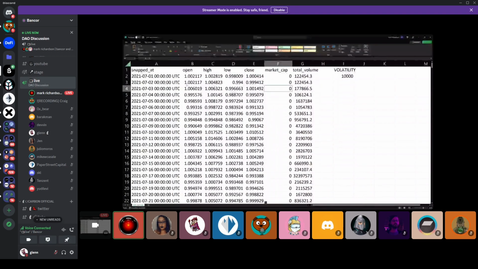And my goal, by the way, is eventually to have, rather than just set this number randomly or based on what I think seems right, or what tends to give good results that match closely with historical data from Uniswap v3, eventually what I want to do is to have this high and low and close be a function of the total volume.